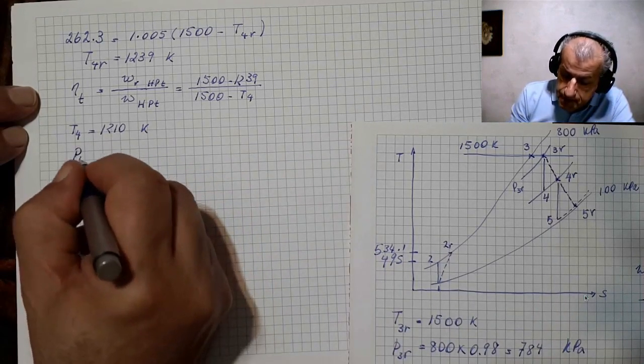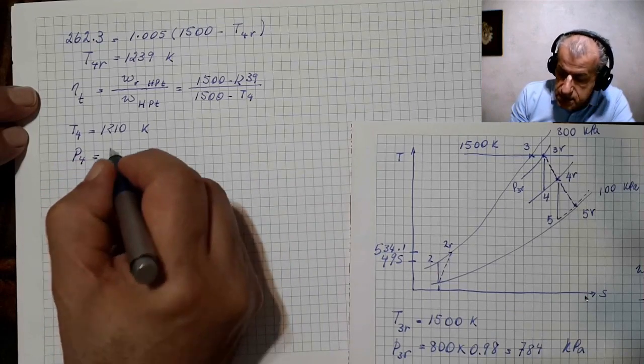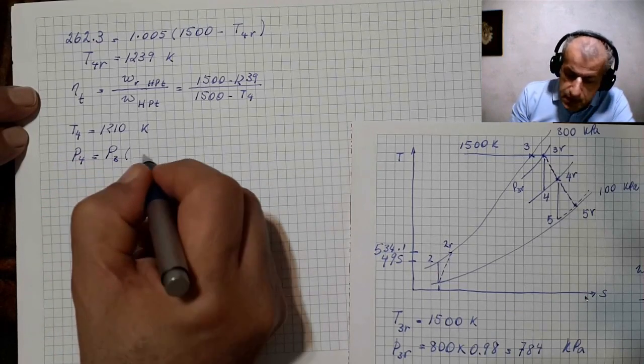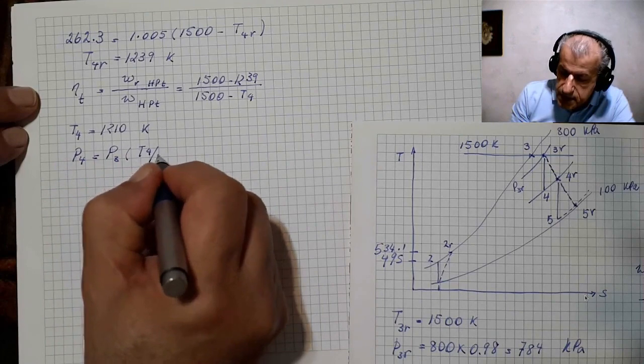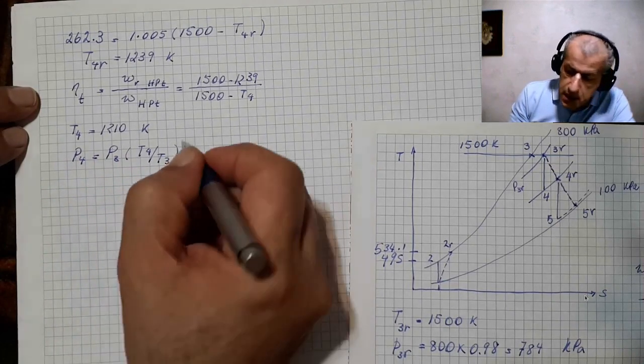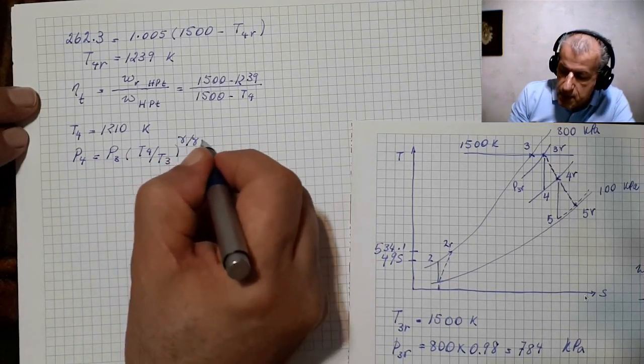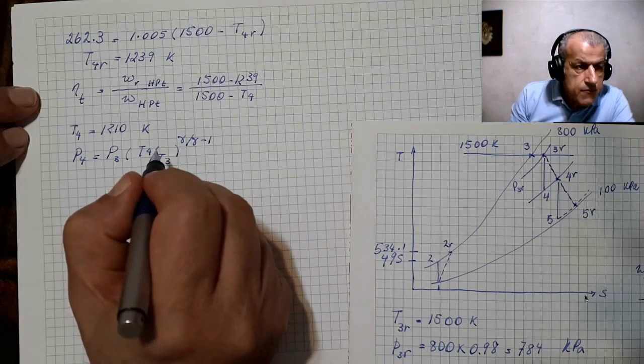P4 equals P3 times T4 divided by T3 to the power gamma over gamma minus 1.